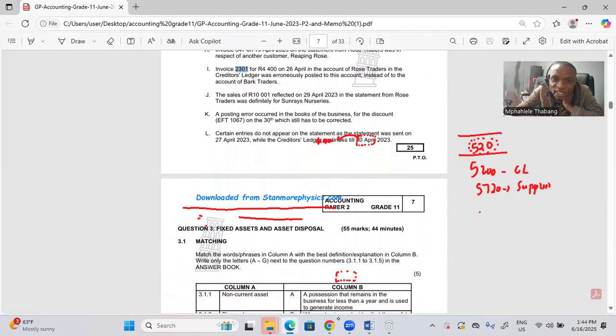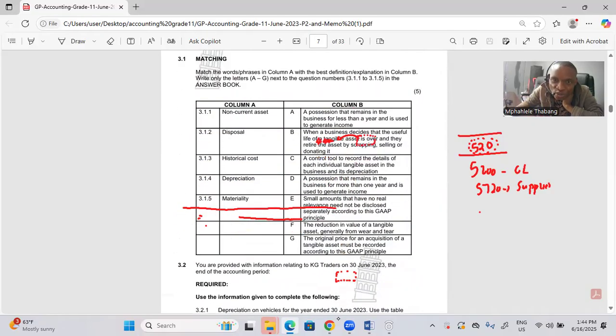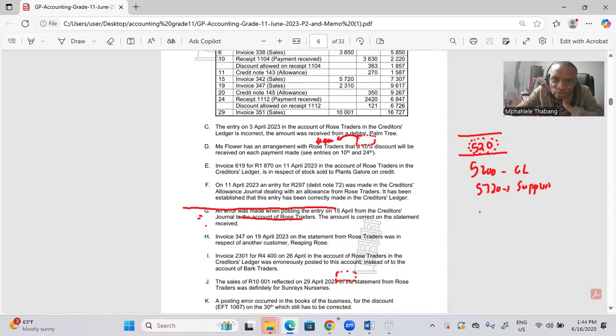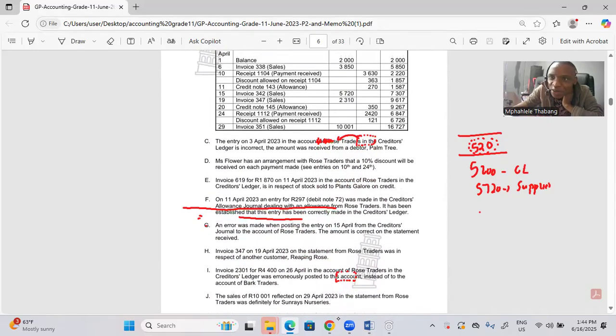Now J, they say the sale of 10,001 reflected on the 29 April 2023 in the statement from Rose Trader was definitely for Sunray Necessary, or rather, they are saying there is no mistake. So if we go to the statement, we find this 10,001.